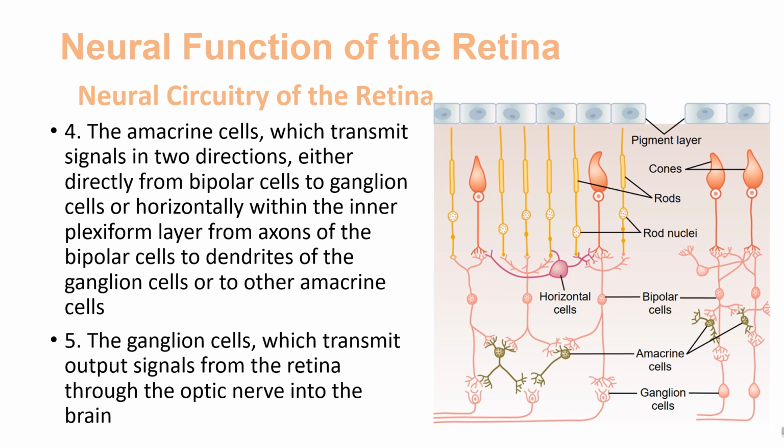The amacrine cells, which transmit signals in two directions, either directly from bipolar cells to ganglion cells or horizontally within the inner plexiform layer from axons of the bipolar cells to dendrites of the ganglion cells or to other amacrine cells. 5. The ganglion cells, which transmit output signals from the retina through the optic nerve into the brain.